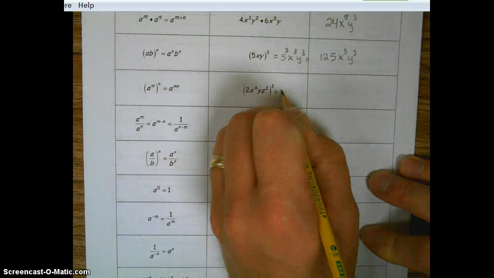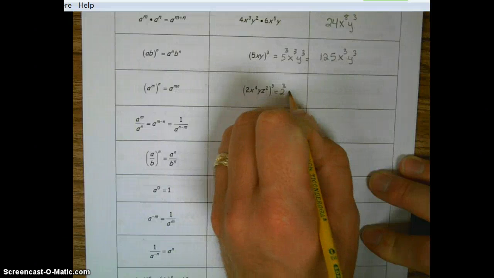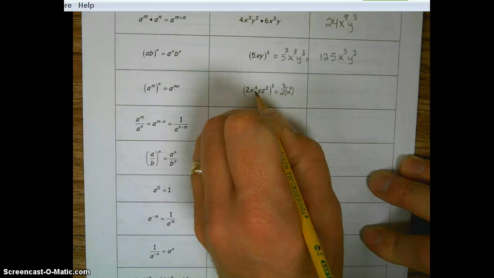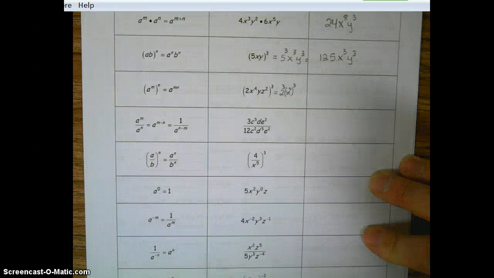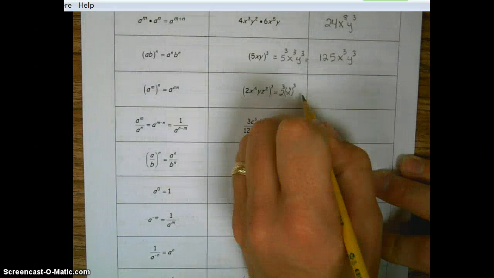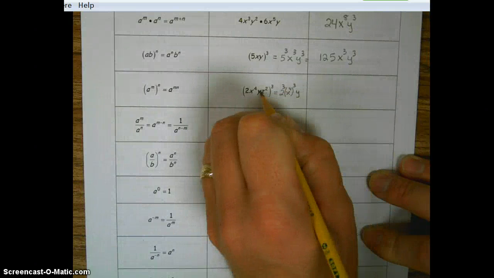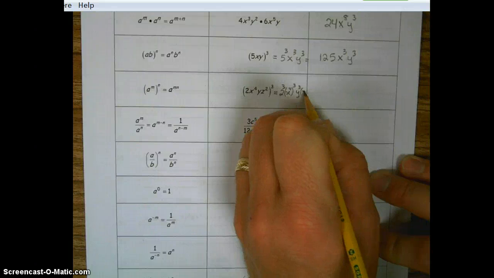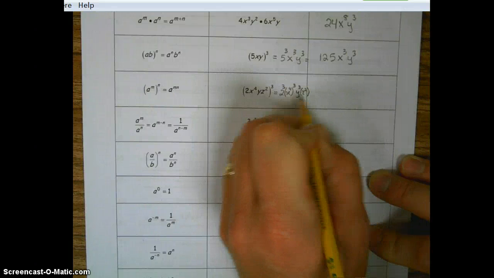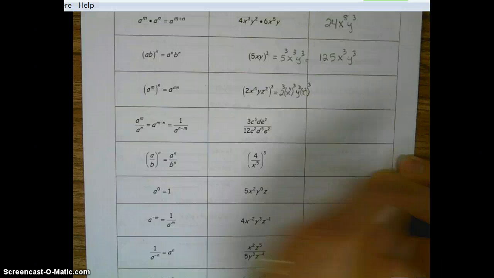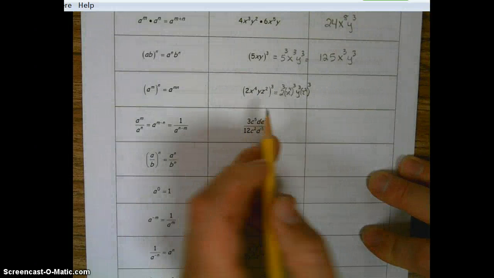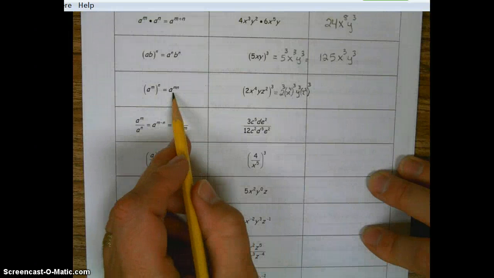So 2 gets raised to the third, x to the fourth gets raised to the third power, y gets raised to the third power, and z squared gets raised to the third power. So notice I distributed my power to each one, and now I'm going to apply this rule.